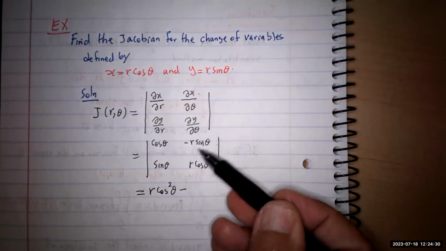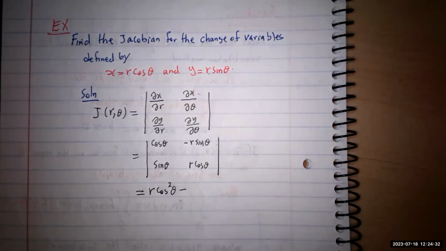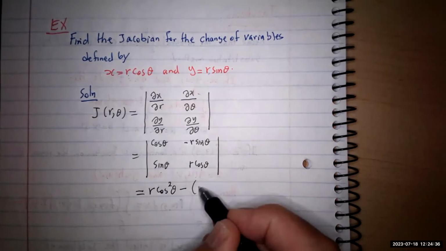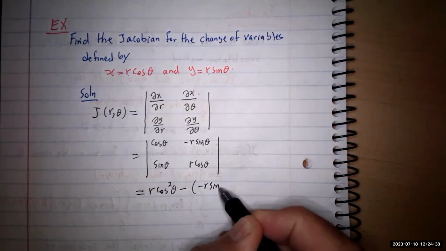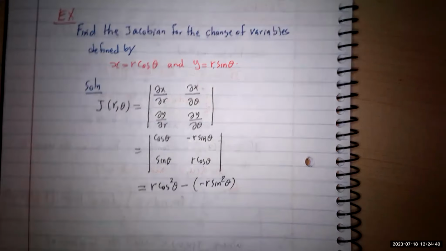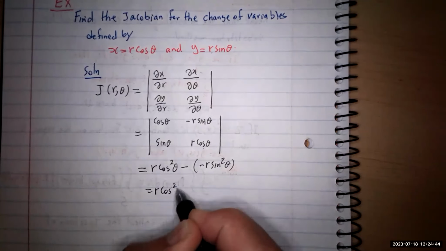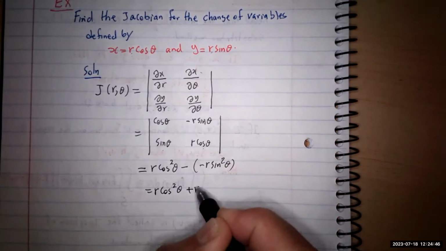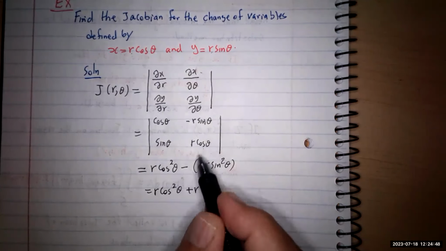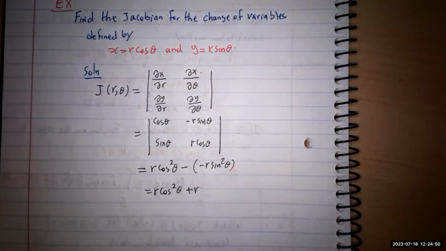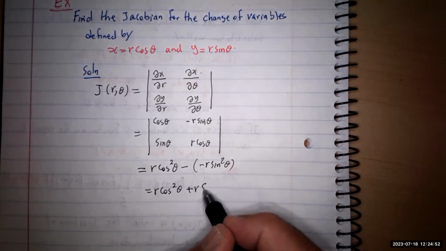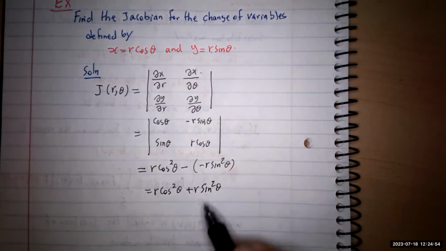minus cross product, is going to be negative r sine squared of theta. So this is going to be r cosine squared of theta plus, and this is going to be r sine squared of theta.